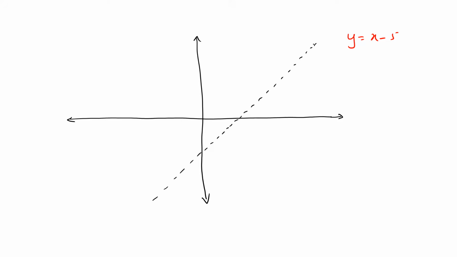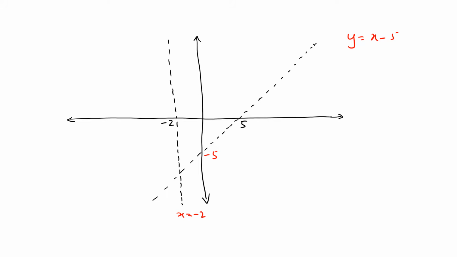That's the asymptote, and this is negative 5. Also we have the vertical asymptote at negative 2. So this is x equals negative 2.